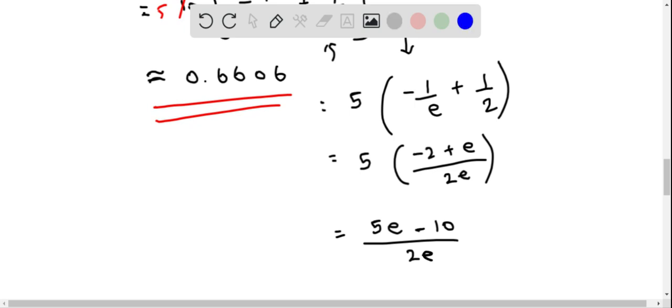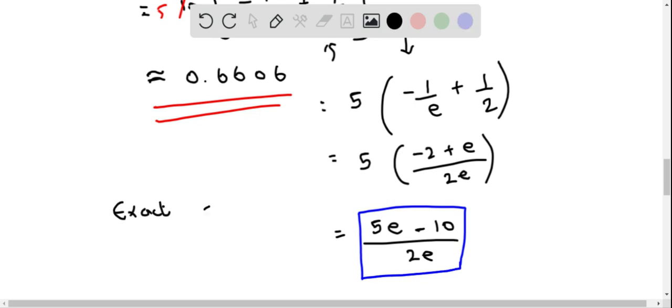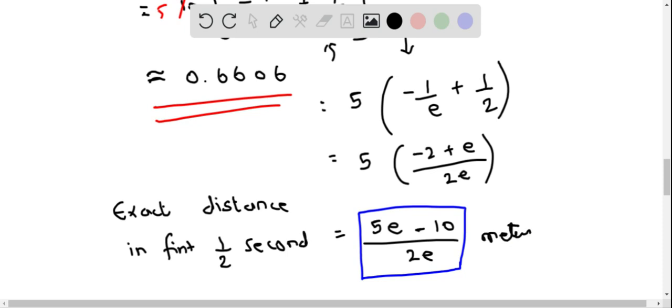So we can see that this is the exact distance traveled by the particle in the first half second, and this is in meters. If you need the approximate value, this is 0.6606 and this is in meters.